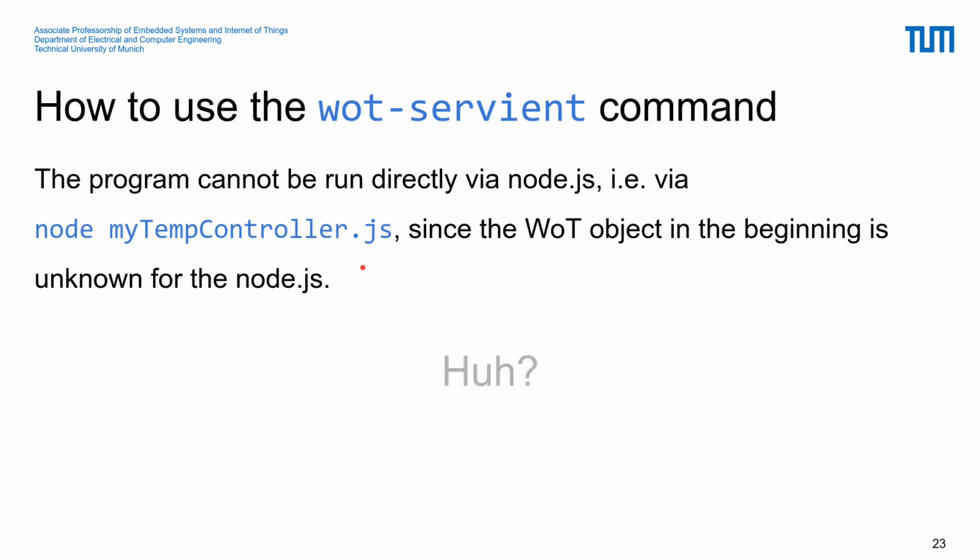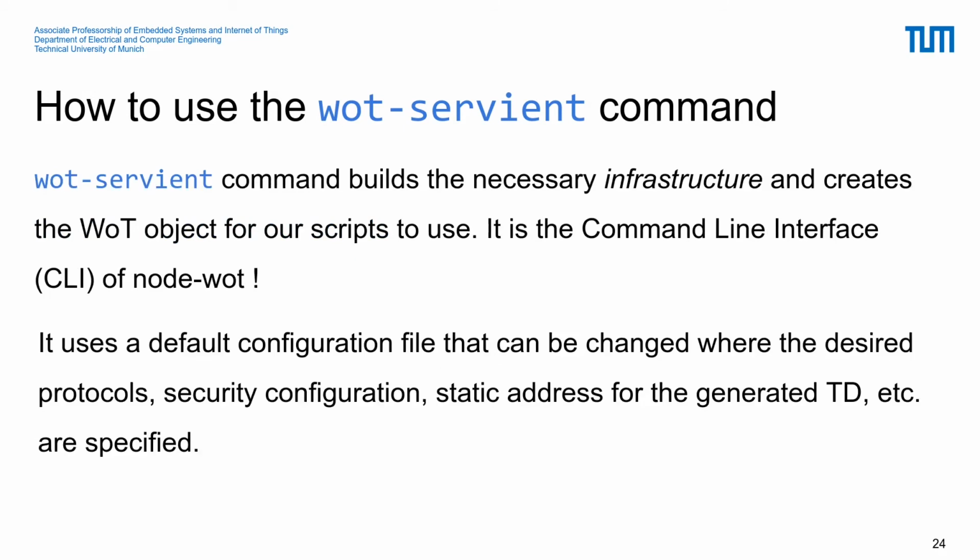So what we need to do is to create this WoT object. So what do we do? We have this command that is available after installation. And this command builds the necessary infrastructure and creates the WoT object for our scripts to use. And this is what we call the command line interface of node-wot.